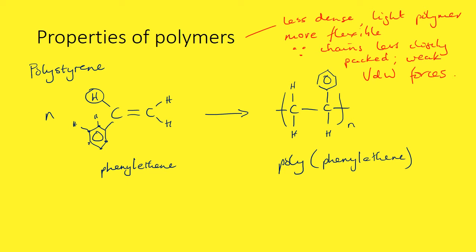So that summarizes polystyrene, which illustrates a polymer that has different properties from high density polyethylene, for example, this one being light and flexible.